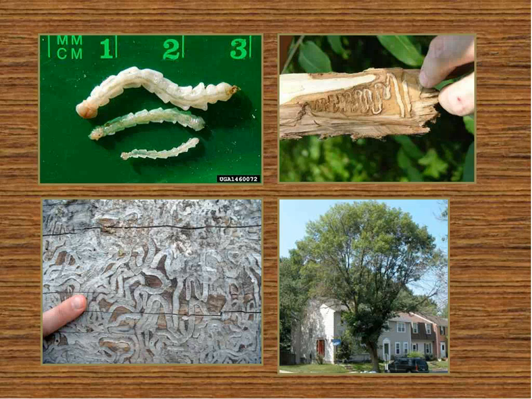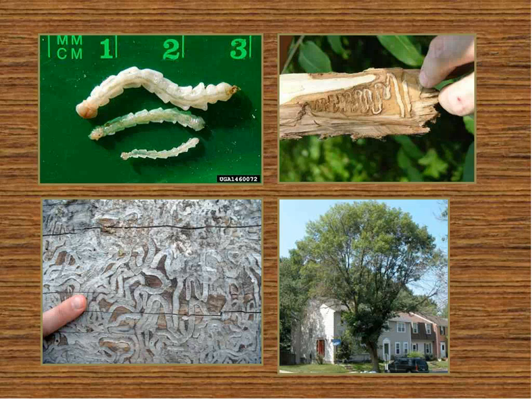But we see at the bottom left, this is a result of a high density of larvae in a tree. This is what's killing the tree. They're no longer able to feed in that nice little serpentine gallery. They really have to go every which way to find new cambium tissue to feed on. And if you imagine this wrapped around a tree, that's going to completely remove all of the cambium tissue, girdling the tree.